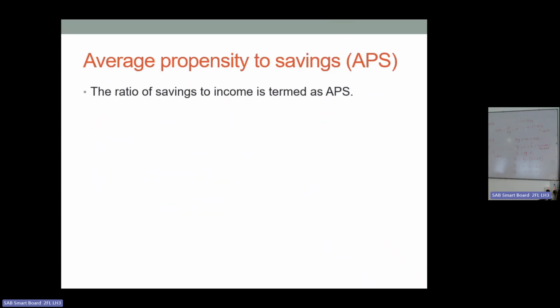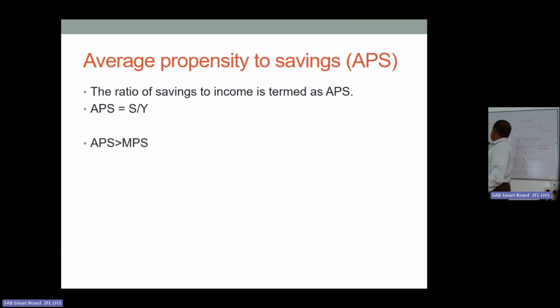And if you look at average propensity to save, that is the other concept, the ratio between the savings and the income. So that is given by average propensity to save. The same way, we can see that APS is also greater than MPS, like we did earlier, so APC is greater than MPC.